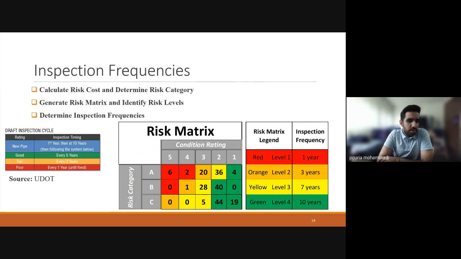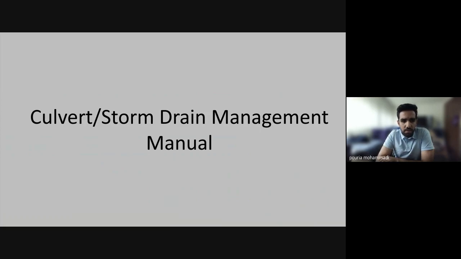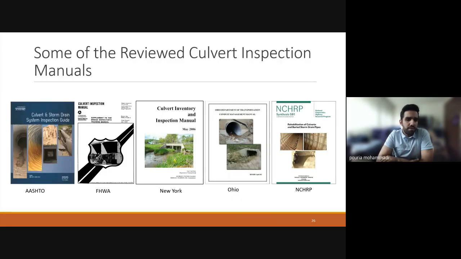So till now, we described the culvert data pipeline framework. Now let's move forward and discuss the proposed culvert storm drain management manual for Utah. We reviewed several existing culvert inspection and maintenance manuals, such as FHWA, AASHTO, New York State Manual, Ohio State Manual, and NCHRP.